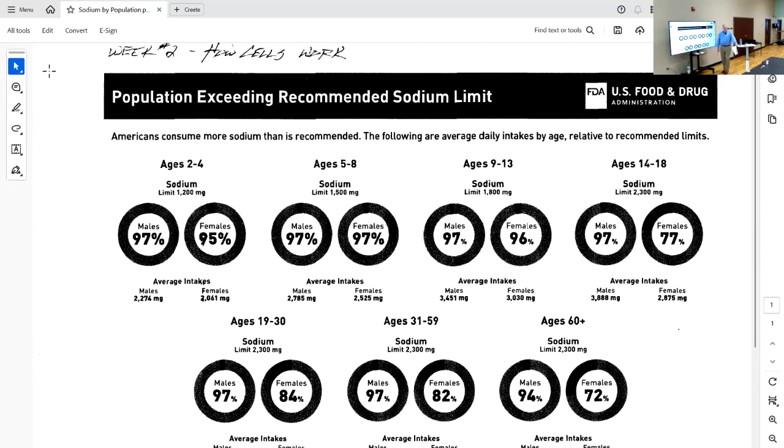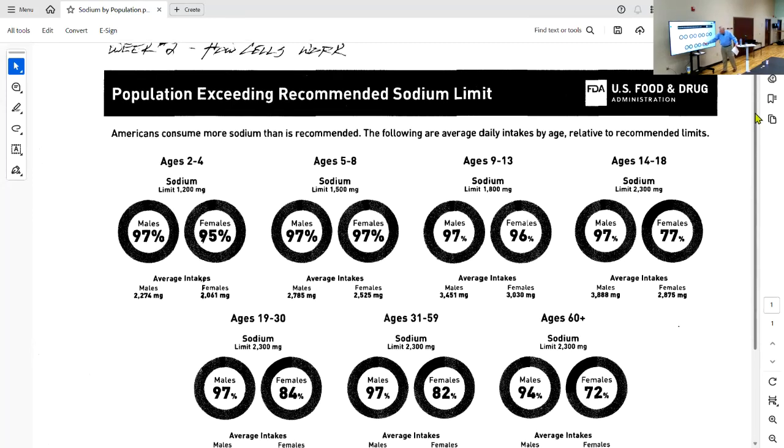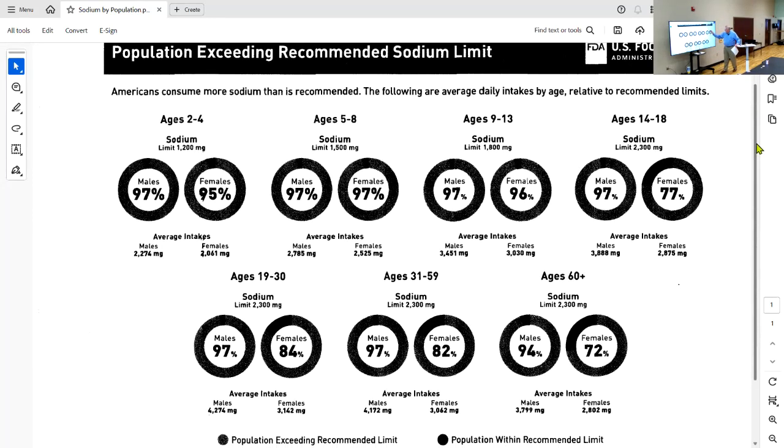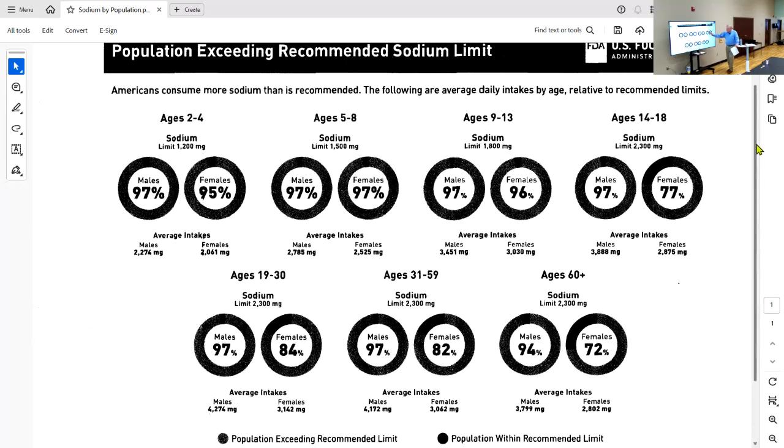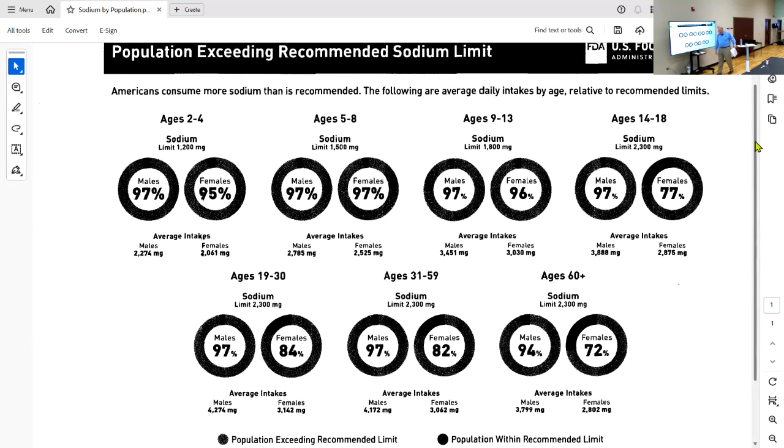This is why we have a sodium problem in the United States. This is what's causing coronary heart disease, because every male one over here is over 90%. It's almost double. 97, 97, 97, 97. Even at your older ages, when your cardiologist is telling you, you've got to cut down your sodium, how do you do that? How do you do that?